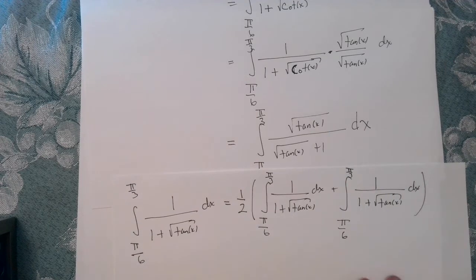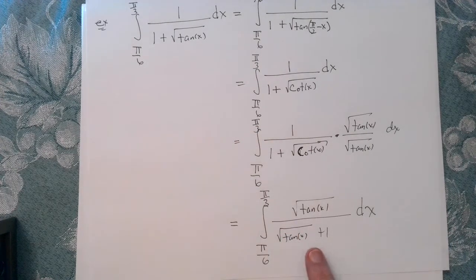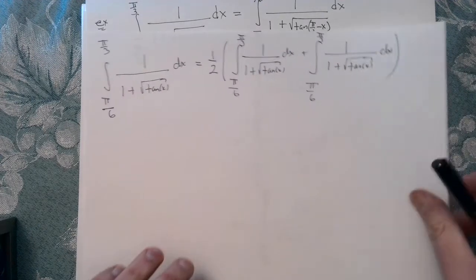But we made the observation earlier that this integral is identically equal to this integral. That means I can substitute this in for this. So that means I actually have the following.